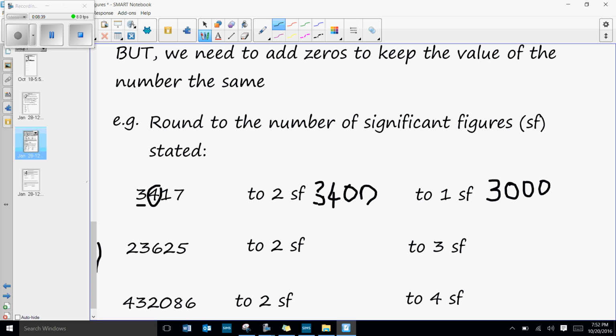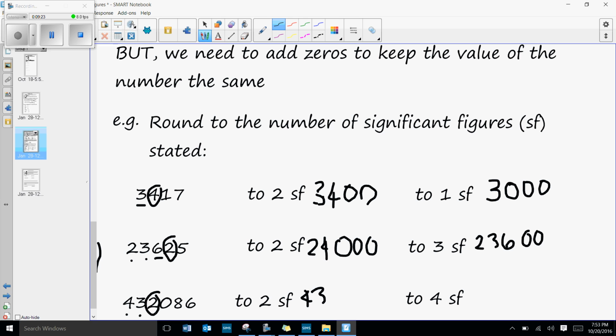To 2 significant figures, 1, 2, the 6 changes the 3 to become 24. We now need 3 zeros as placeholders. To 3 significant figures, 1, 2, 3, it's only a 2, so it's 2, 3, 6, 0, 0. 1, 2 stays as 43.